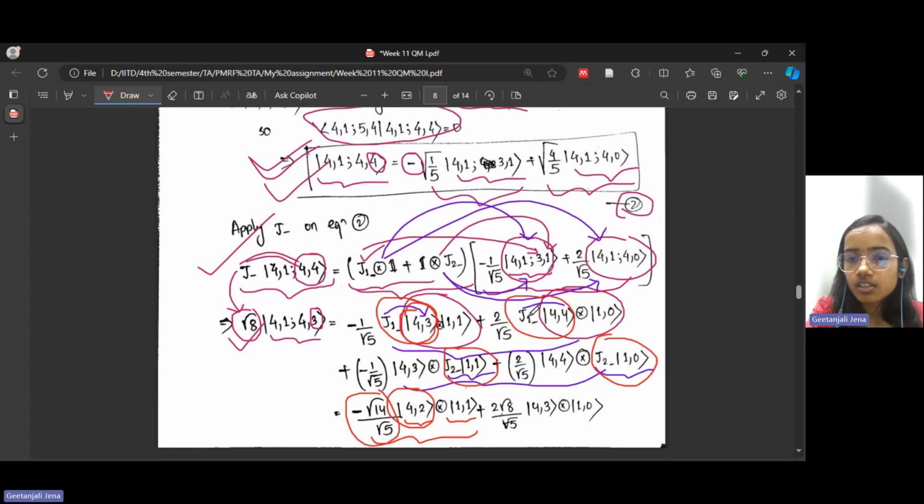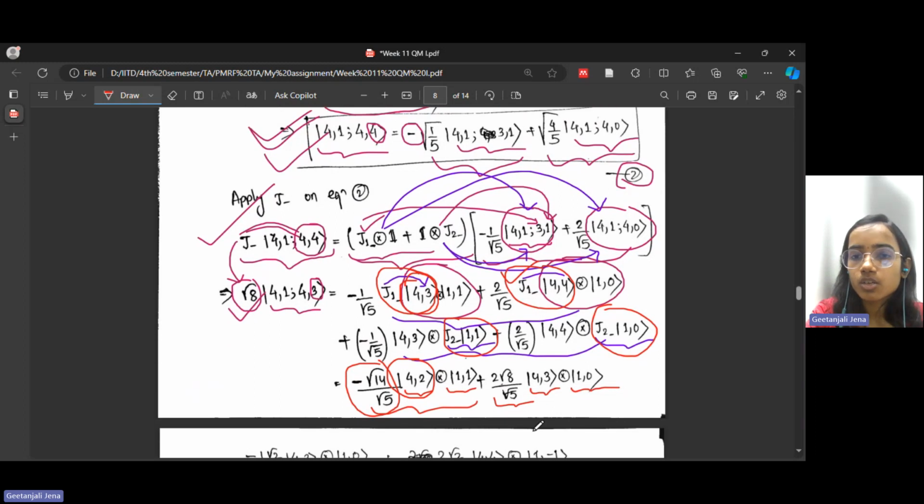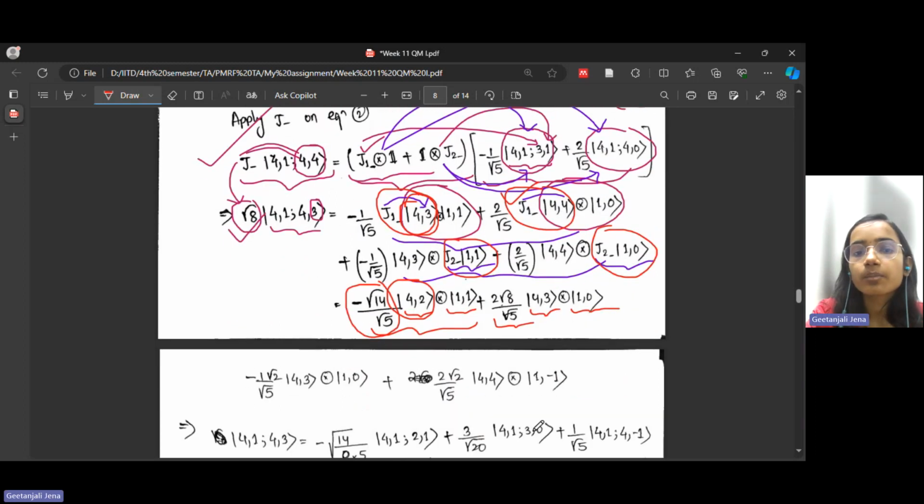And if you see this one, J1 minus acting on 4, 4, you will get the ket 4, 3 here, and the other ket will remain unchanged. And this is the constant factor that you will get if you put the values of J1 and M1. Now for this one, this is when J2 minus acts on 1, 1.